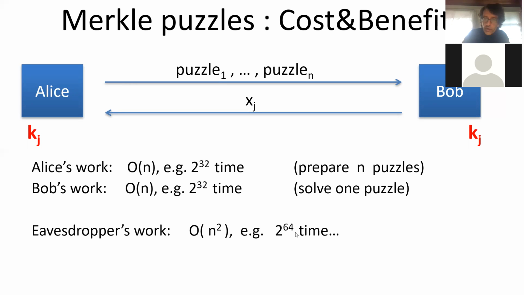Of course, you can work only in a fraction of this time. If you want, instead of doing it for sure, just probability epsilon that you do it, then you will work with time epsilon times 2 to the 64, right? But if you want to reduce it significantly, say to 2 to the 54, then you will have only 1 in 1,000 fraction the chance that you break it.